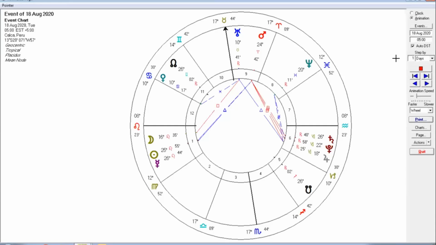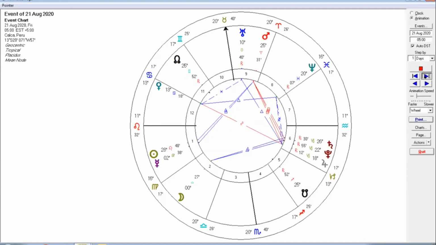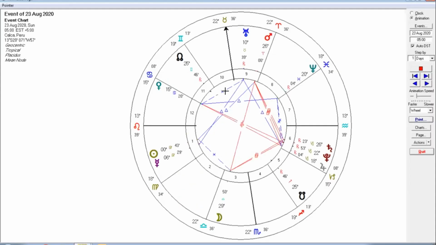So again, if I move it forward 1 day and you watch the sun here, which is at 25 degrees of Leo right now, next day 26, 27, 28, 29, and then it moves into Virgo. So the sun's movement through the zodiac is almost exactly 1 degree per day.